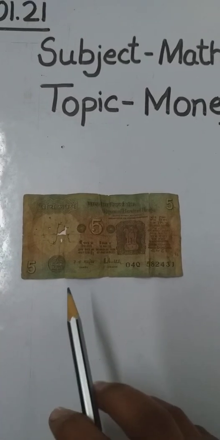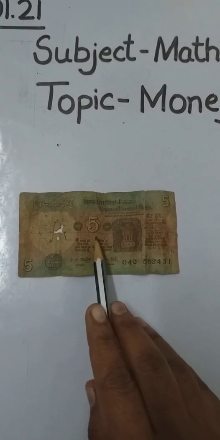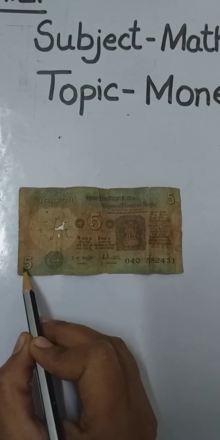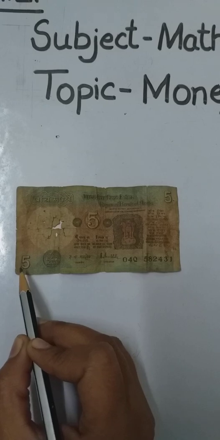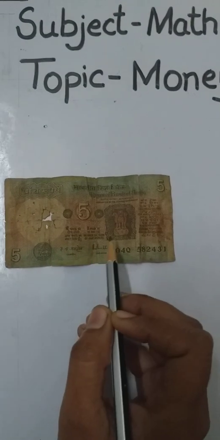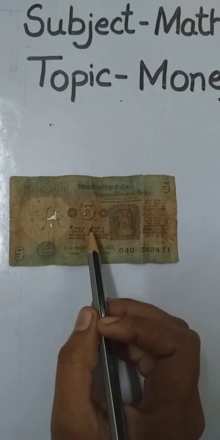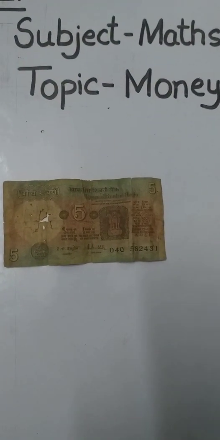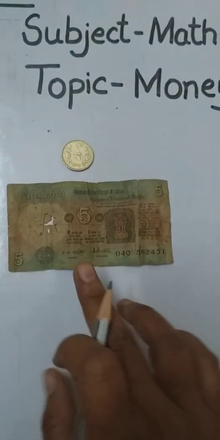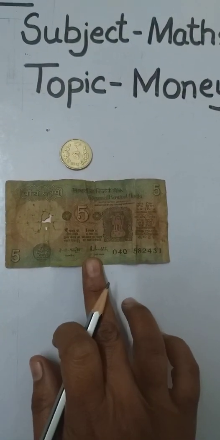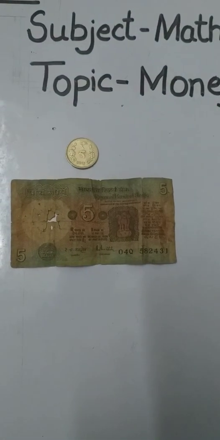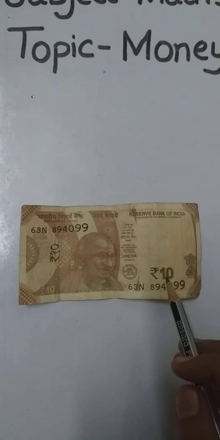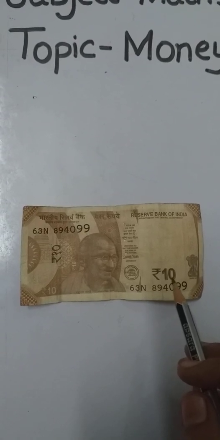So children, look at here. Which note is this? You can see 5. So it is 5 rupee note. So children, we have also a 5 rupee coin and 5 rupee note. Now next is, which note is this?